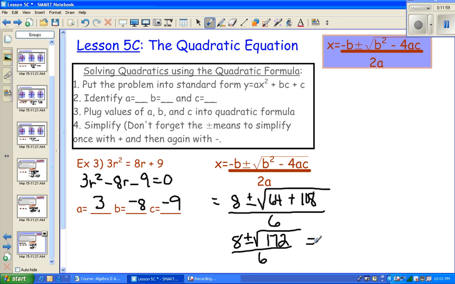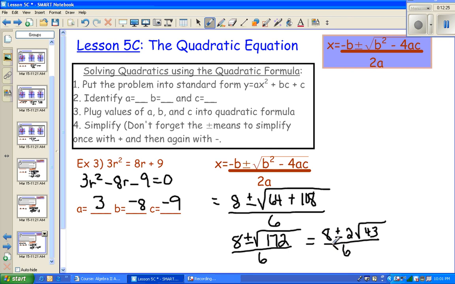We're going to check on the calculator for a second. So I'm coming up with 4. So if you pull a square root of 4 out, that's going to give you a 2 here. That's going to leave us with the square root of 43 inside.